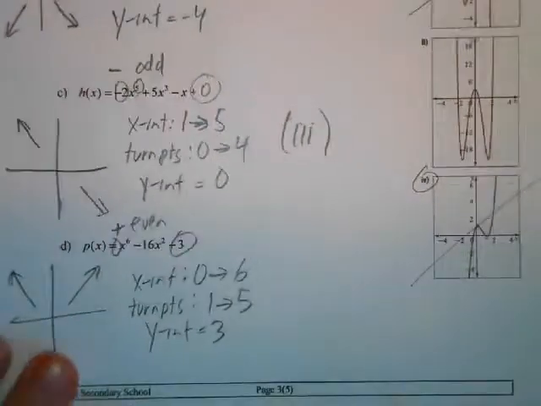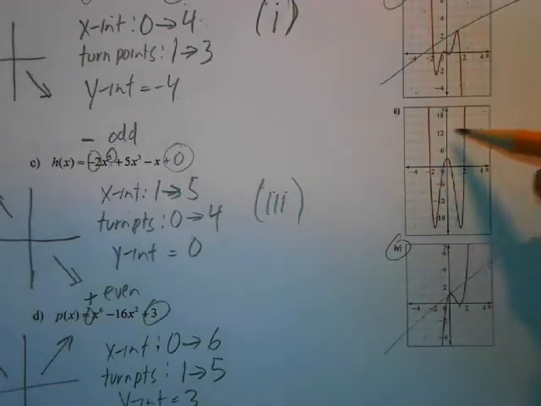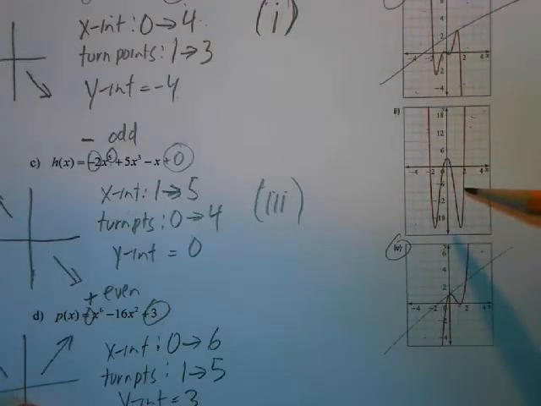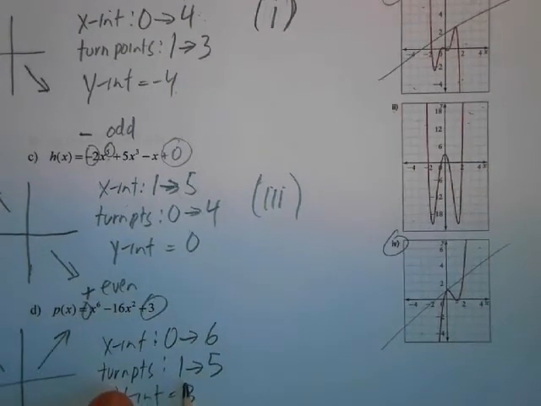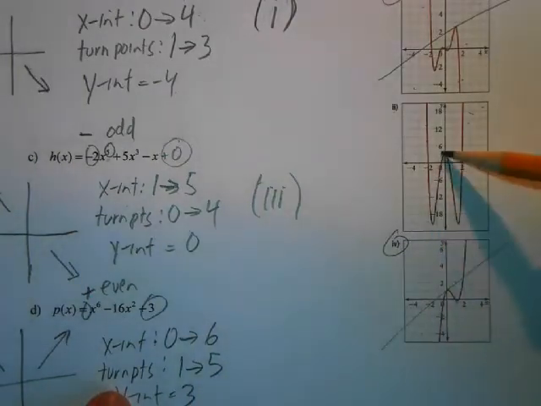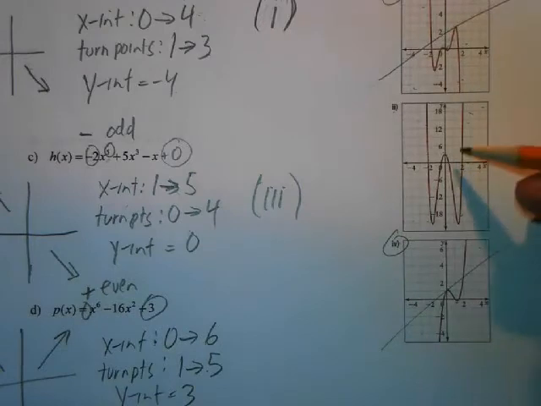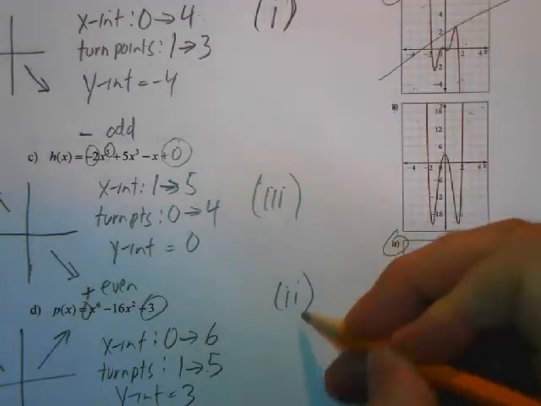Okay, so surprise, surprise, the only one left is this one that matches the end behavior. In terms of x-intercepts, 1, 2, 3, 4, that's inside that possible range of values, and turning points 1, 2, 3, that's okay, and y-intercept is 3, that matches as well. So this is definitely graph number 2.